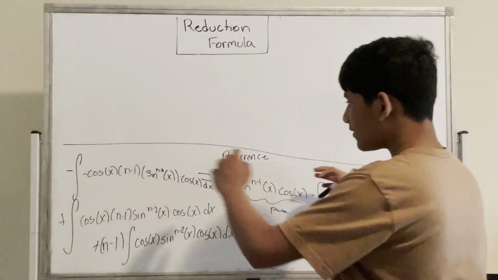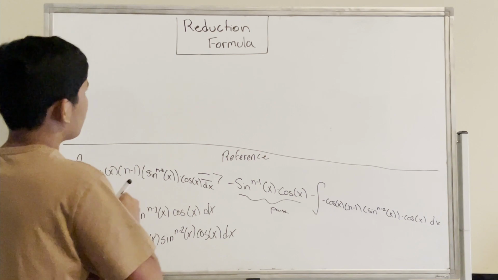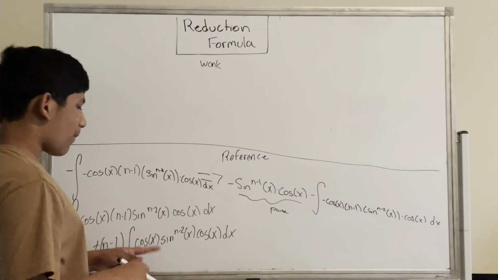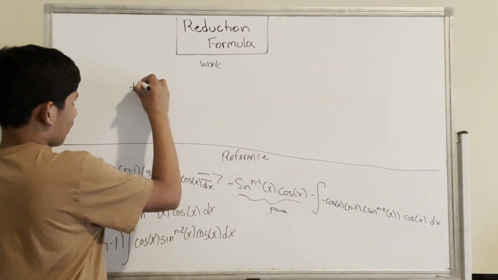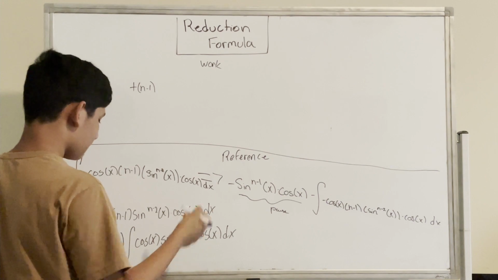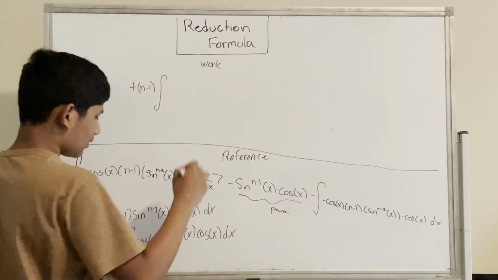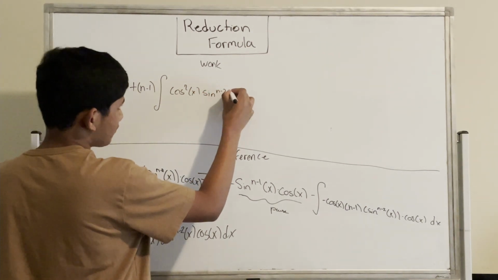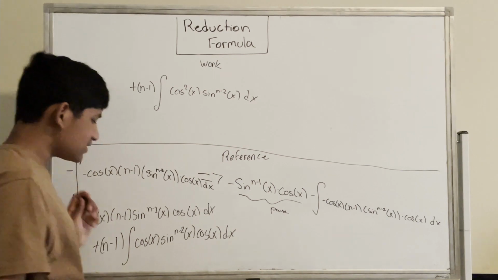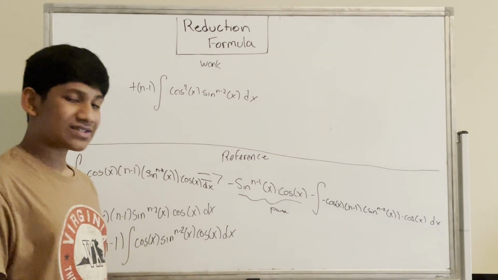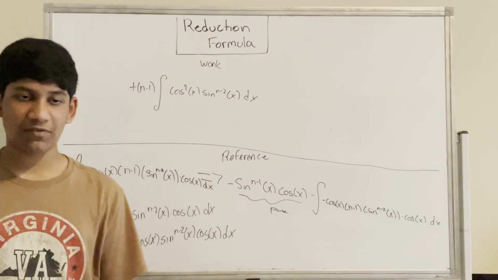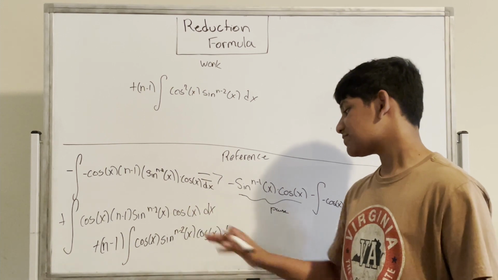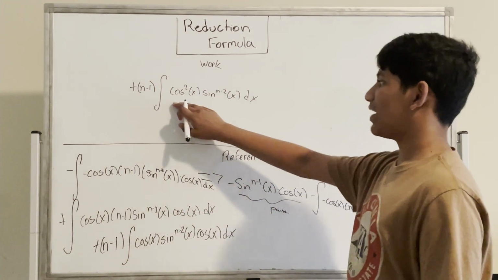Okay, this is our reference section. Now let's continue working. So we'll just say work. Let's take the bottom integral. Notice we put this part on pause still. Then we have the integral of cosine squared x times sine of n minus 2 x dx. Since cosine of x and cosine of x are the same trigonometric functions, we can combine them. If x times x is x squared, cosine of x times cosine of x is cosine squared of x. And we can write it like this.